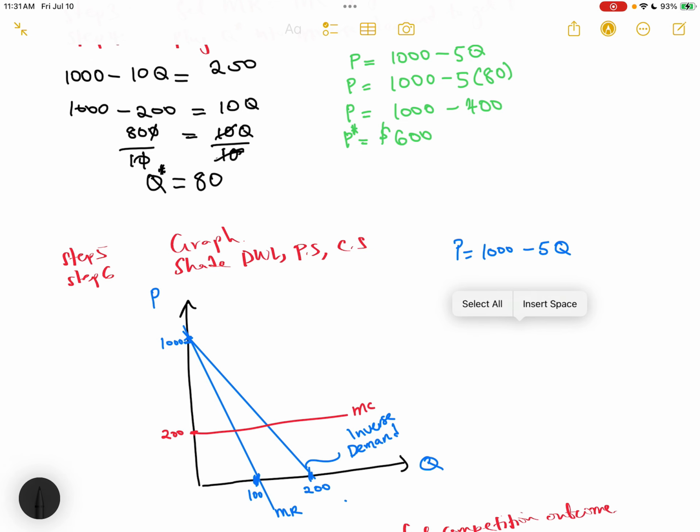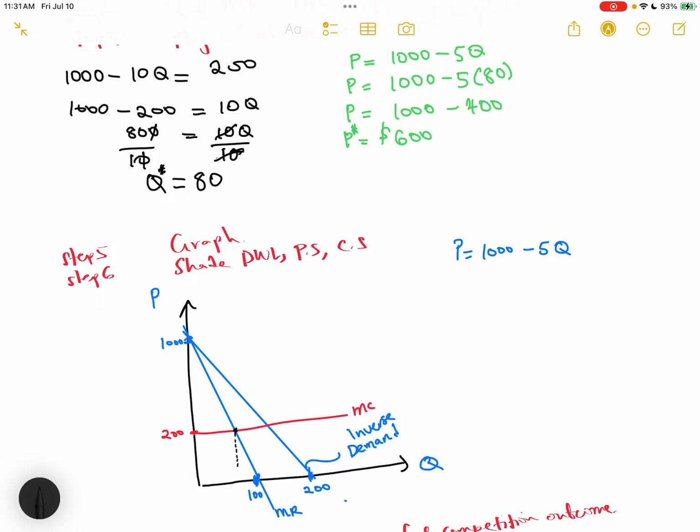Profit maximization for the monopoly is such that the monopoly will set its profit maximizing quantity where marginal cost and marginal revenue cross each other, and that's right here, right?